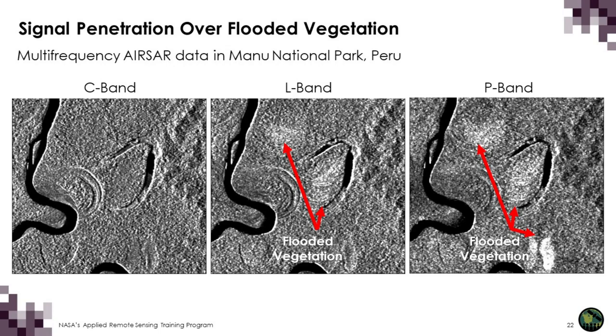C-band is around 5 centimeters, L-band around 24, and P-band around 60. You can see that there are more bright areas of flooded vegetation as the wavelength increases. So you can see more flooded vegetation at P-band than at L-band or C-band.